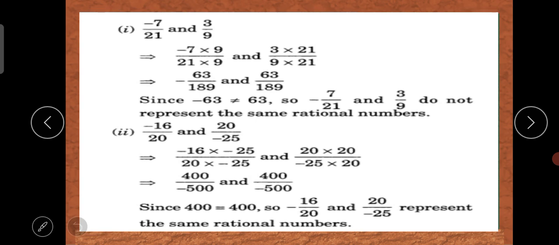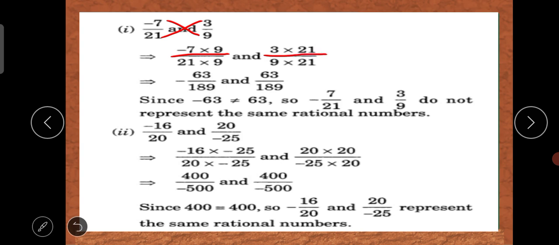First question, see, minus 7 upon 21 and 3 upon 9. Here first make their denominator equal by cross multiplying. So here see, minus 7 is multiplied by 9 and 21 is multiplied by 3. And in this way, see, minus 7 multiplied by 9, and here 3 is multiplied by 21.